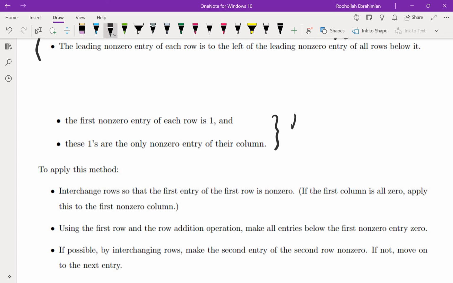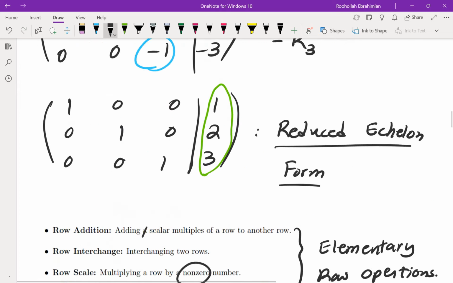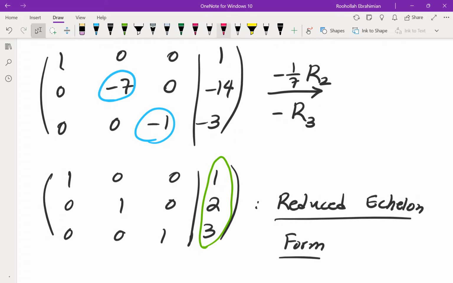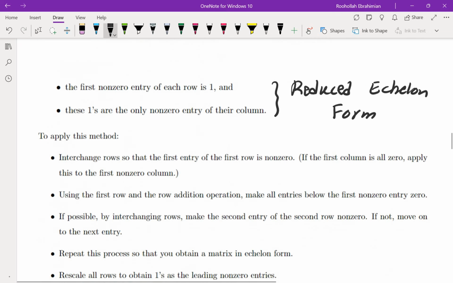This is called reduced echelon form. Okay, so if we go back and look at what we have here, this entry and this entry and this entry, are the only non-zero entries in their columns. And they're all 1. So I did their scaling so that I get just 1.